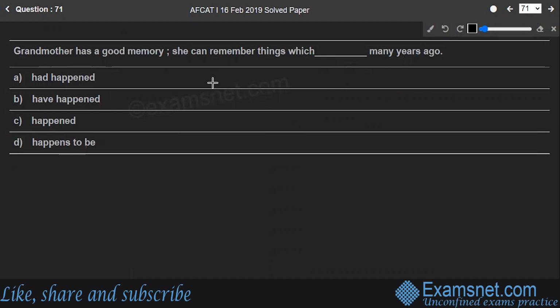So here we are having subject plus the second form of the verb plus object, plus ago. Have is not talking about the past one. So it is happened, because this is the second form of the verb. This has got to be option C.